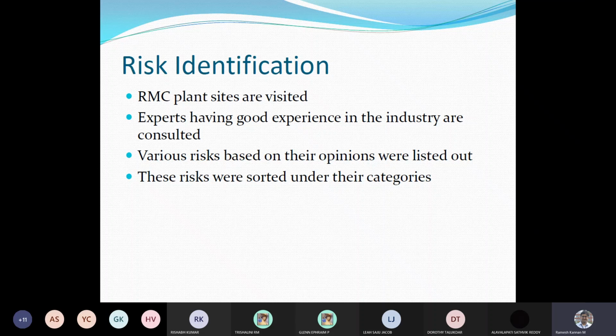Whereas medium is pretty much bigger than the light RMC plants, where some RMC plants have their own batching units and their own material processing units, and so on. So they can be put under medium, whereas heavy is the ultimate, which has a huge volume of concrete produced.